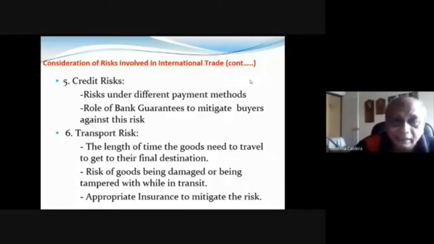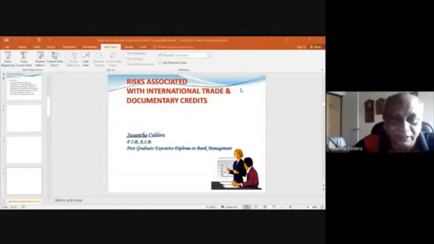Risk of goods being damaged or tampered with while in transit. How to mitigate that transport risk? We have to obtain the appropriate insurance. Okay.